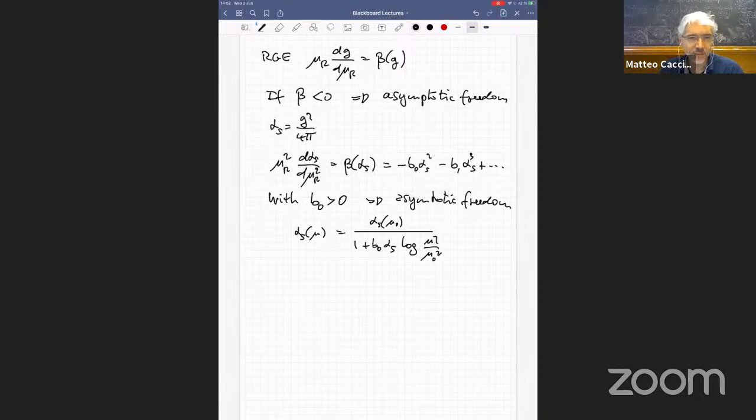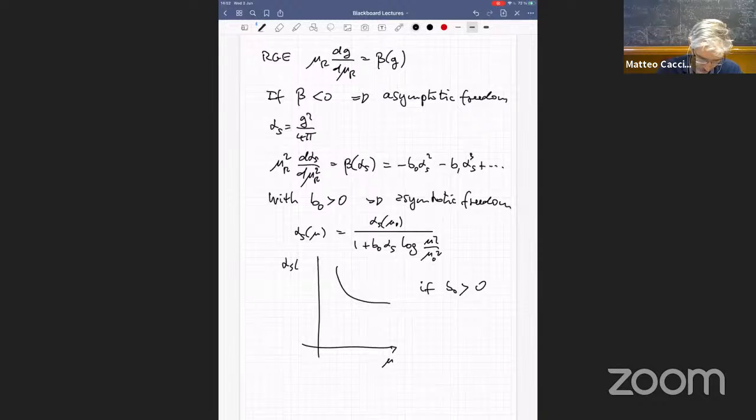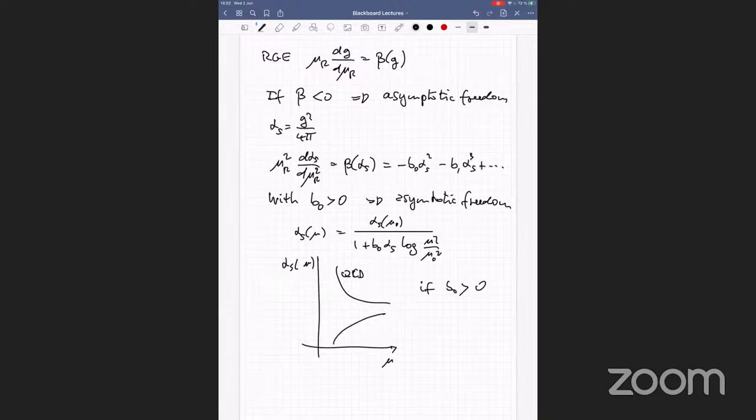And you easily see that this gives a behavior like this if B0 is positive. So this is mu, this is alpha_S(mu), and this is what you get. Note that this could be the coupling of QCD. Note that for QED, it's more something like this.